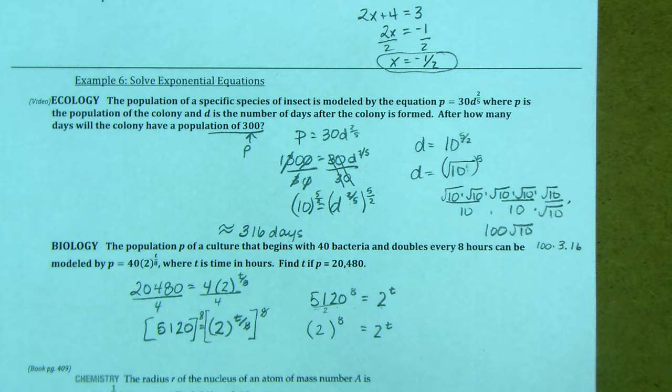So 2 to the 8th, 256. 2 to the 10th, how about 2 to the 12th? I have to go back to my notes.